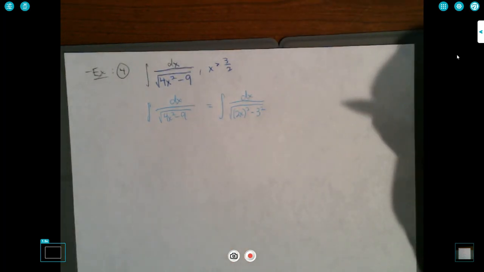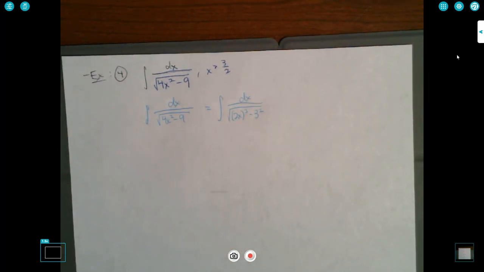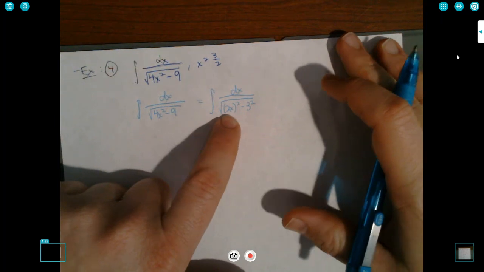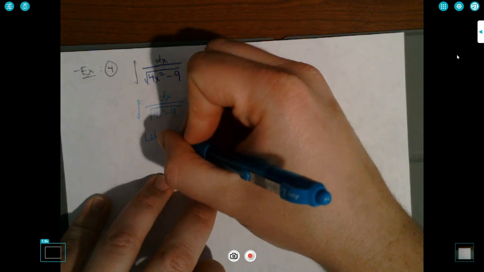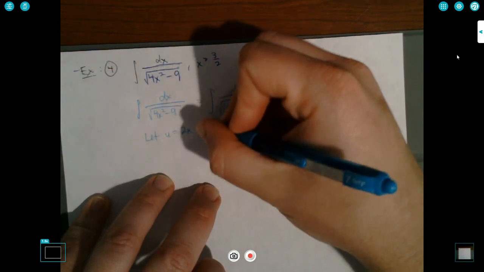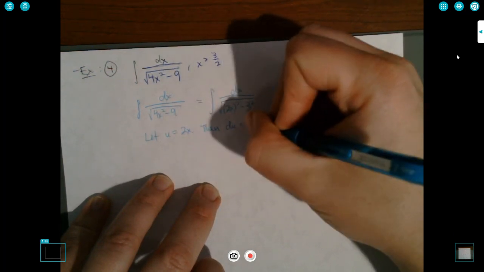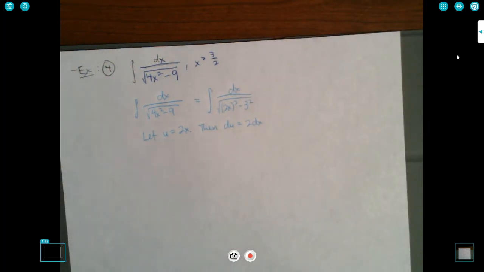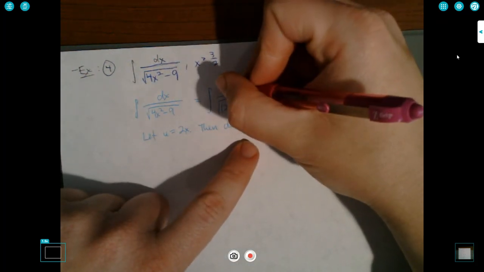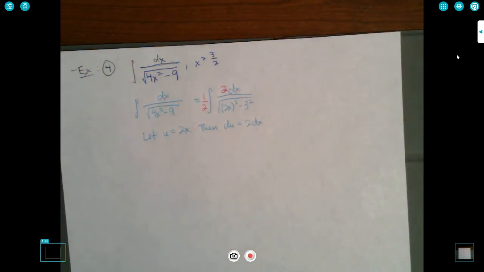So this is kind of the format: a 2x quantity squared minus 3 squared. I want this to just be a single variable, so I'm going to do a u substitution. Let u be 2x. Then du is going to be 2 dx. I can force a 2 dx up here as long as I offset it with a 1/2 there.